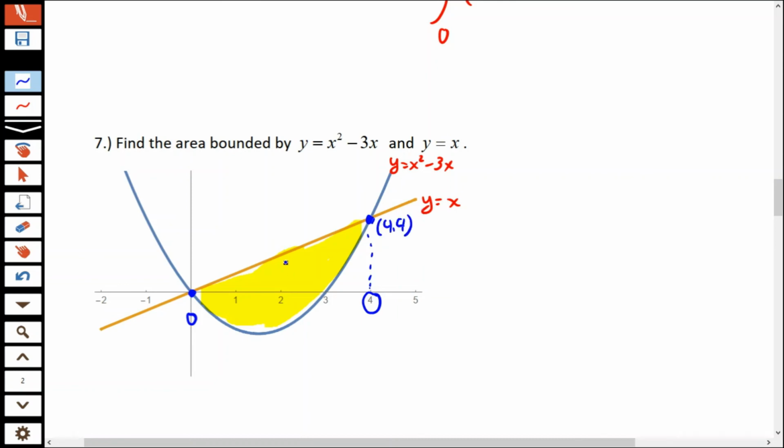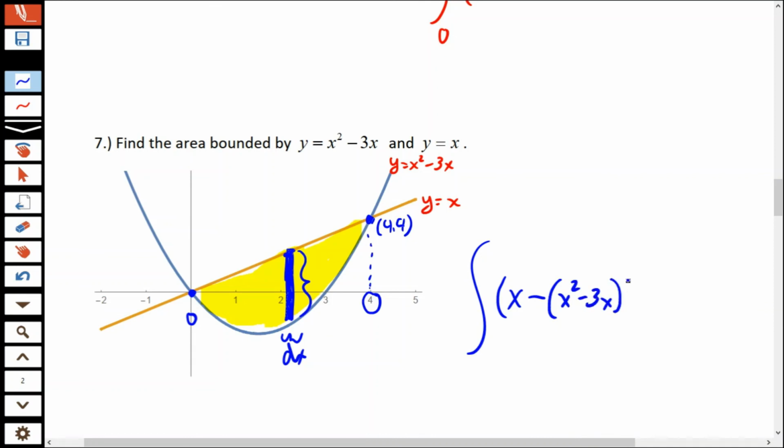Right? I'm going to draw in my representative rectangle in here. Doesn't have to look perfect. The width is dx, and the height of the rectangle, top minus bottom, y equals x is my top function, and x squared minus 3x is my bottom function.